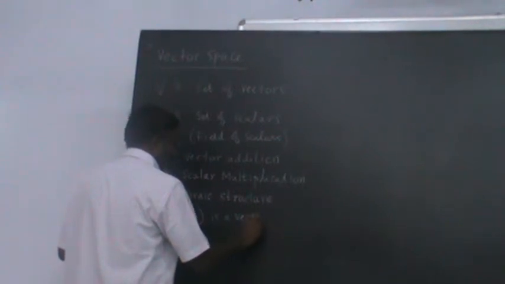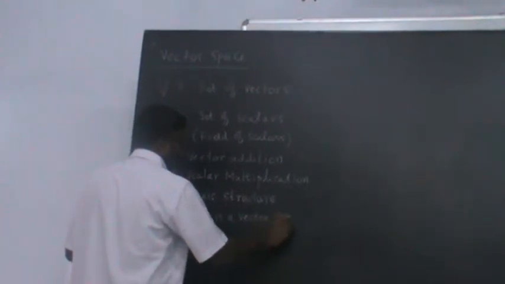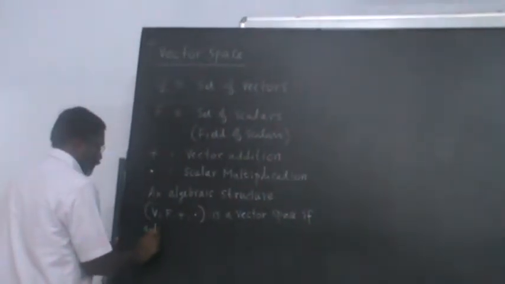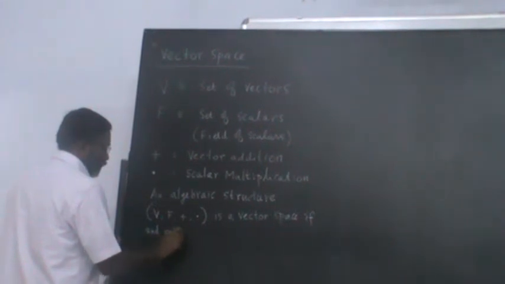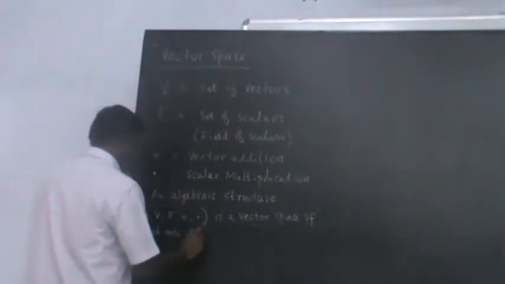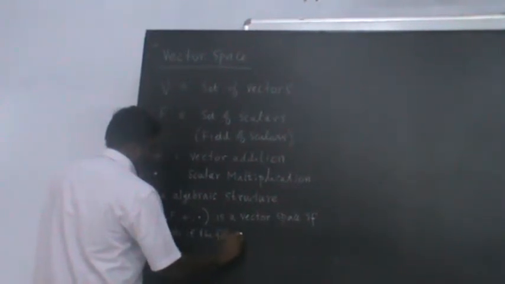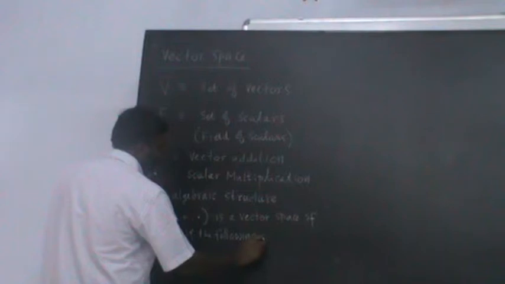It is a vector space if and only if the following axioms are satisfied.